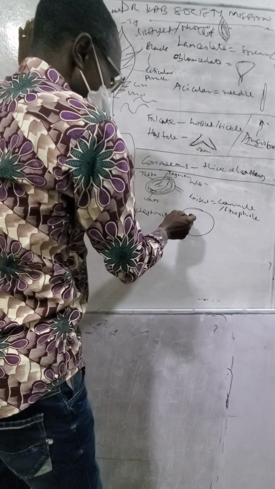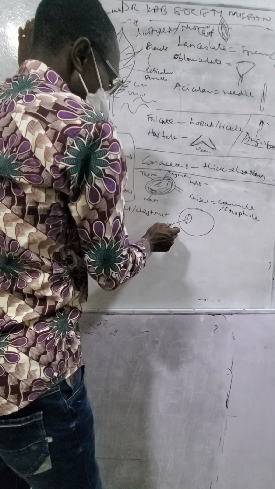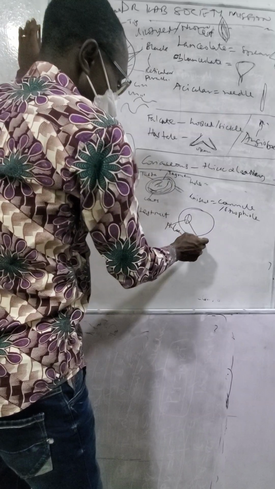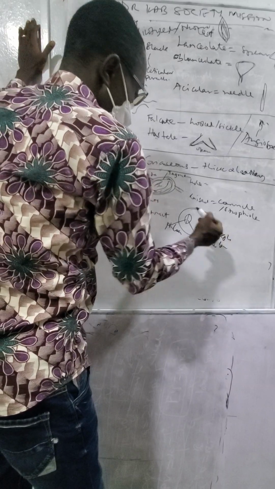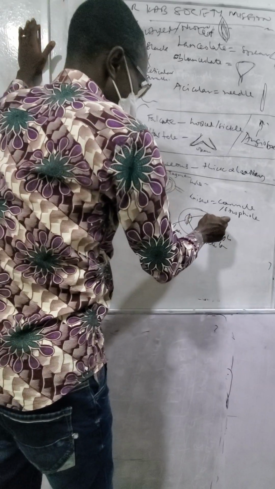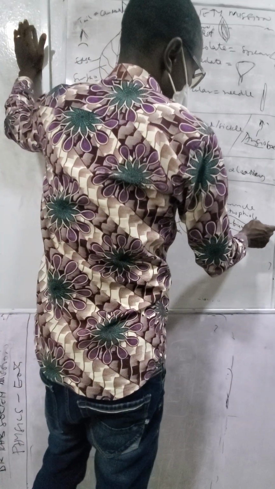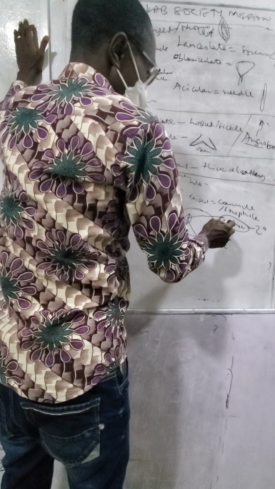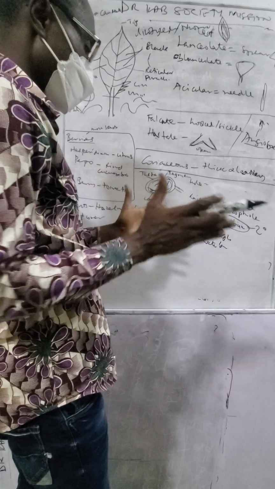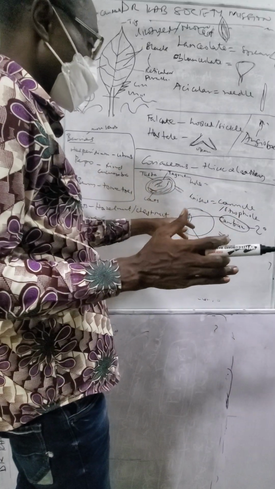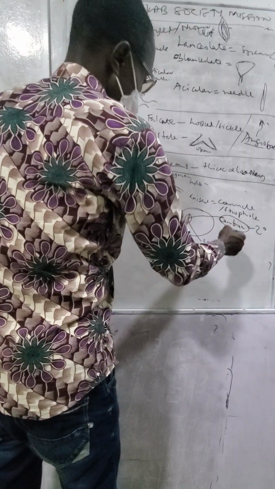You have the one that carries food, the phloem, and the one that carries water and salt from the roots, the xylem. And in between you have the cambium, which is responsible for secondary growth, because it will be adding on tissue or parenchyma.